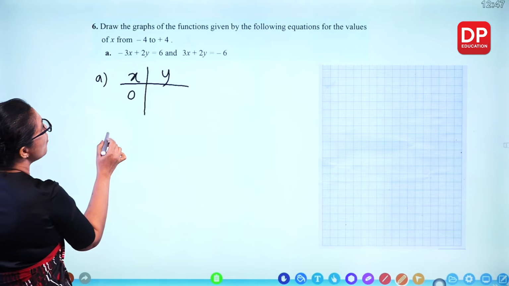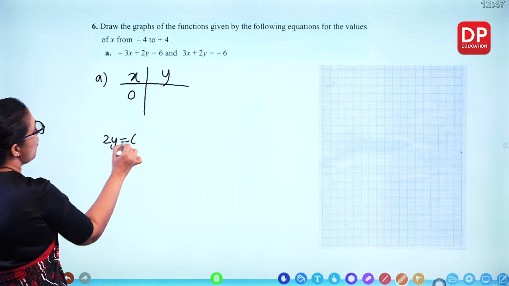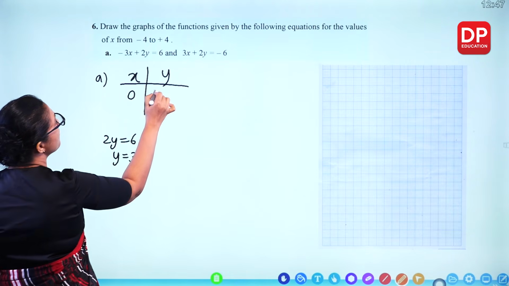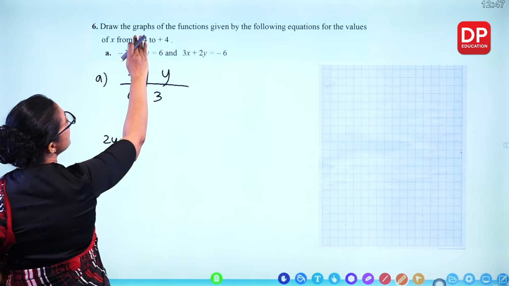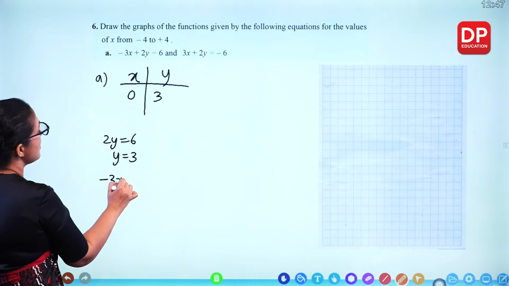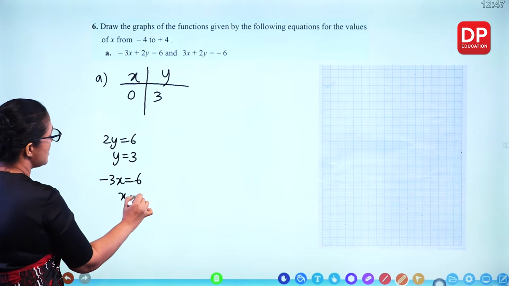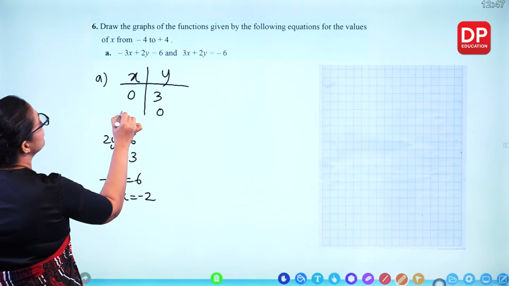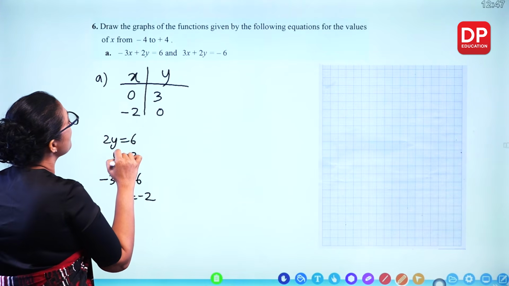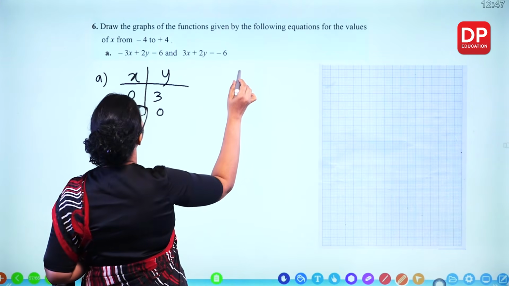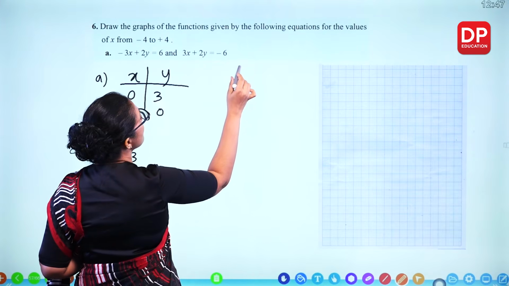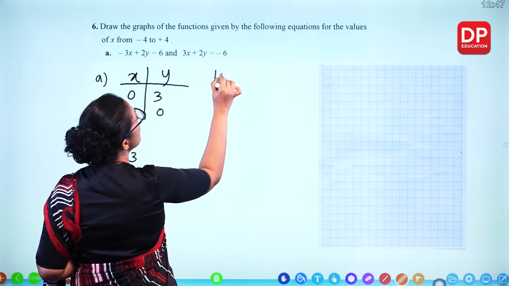So, 2y equals 6, y equals 3. When y equals 0 minus 3x equals 6, x equals minus 2. This one, b.